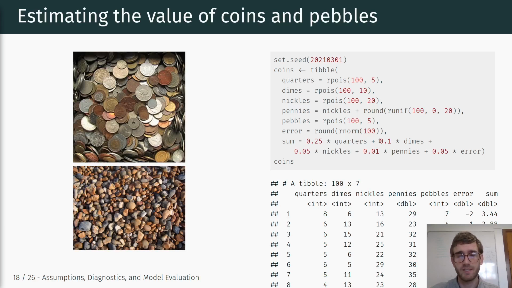So how do we then compute the sum? Well, in our data generating process, we of course know the value of each of these coins. The sum is increased by 25 cents for each quarter, by 10 cents for each dime, 5 cents for each nickel, and 1 cent for a penny.